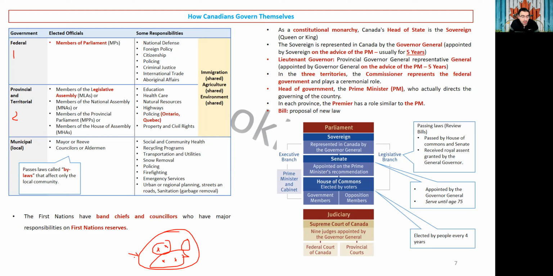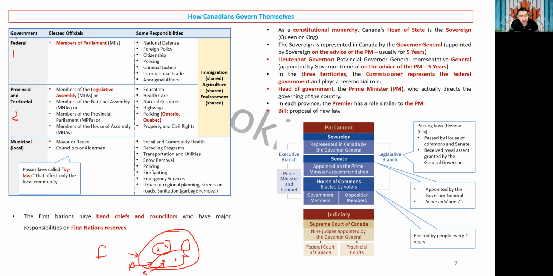So Canada as a whole is the federal level. Each circle here is a province level, and each dot here is a city, municipal, or local level. So that's why we have three different levels of government.